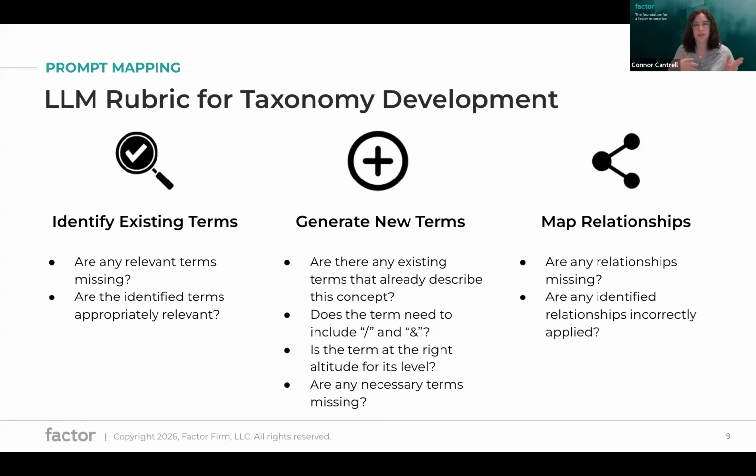And after some significant trial and error by me and Gigi, we landed on the right prompts to get Copilot to identify relevant existing terms, generate required new terms, and map relationships between the different skill tree levels. And it was actually quite successful. The LLM did ultimately help us get like 90% faster with taxonomy development at that scale.